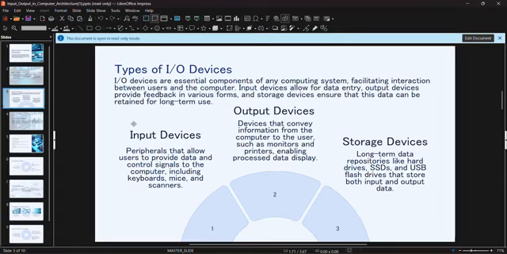Output devices display the information from the computer to the user, for example, monitors, speakers, printers. And storage devices are the devices that are used for storing data, so our hard drives, solid state drives, USB drives, all that. Those are the types of input output devices.